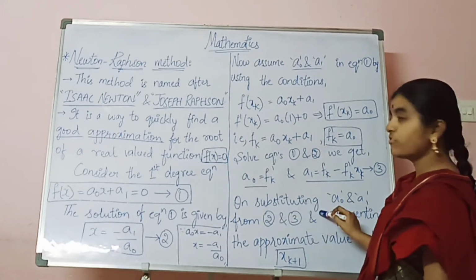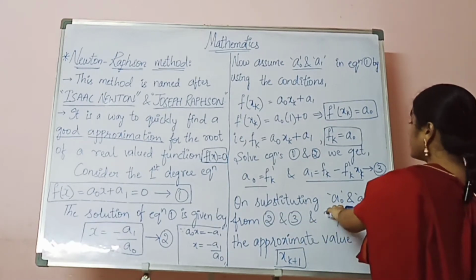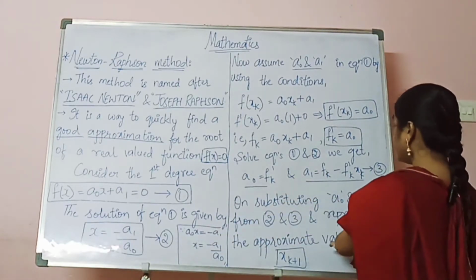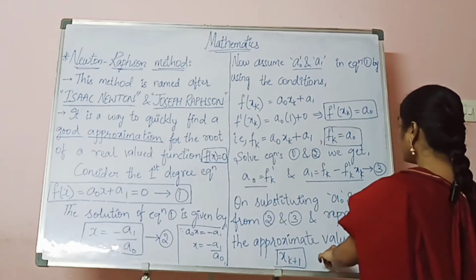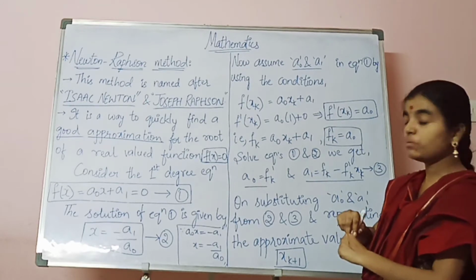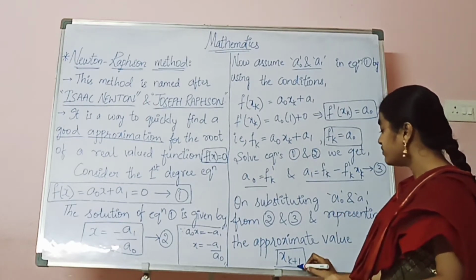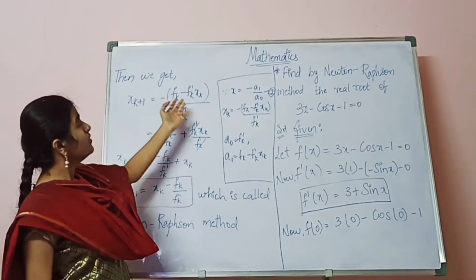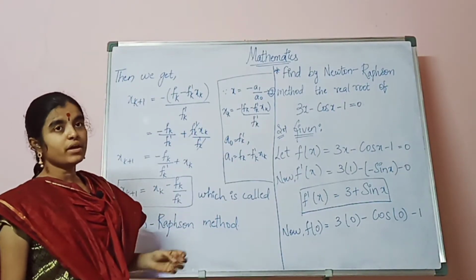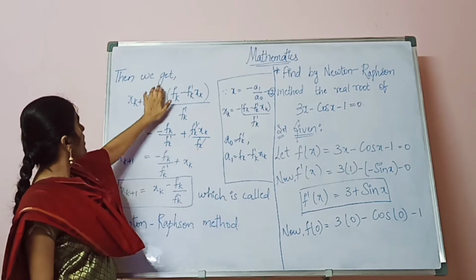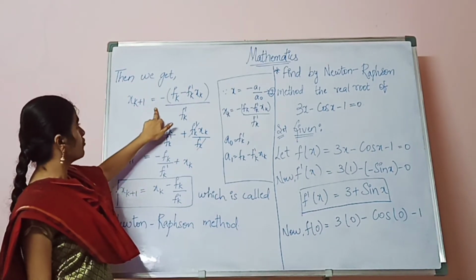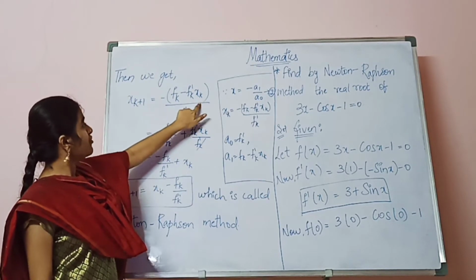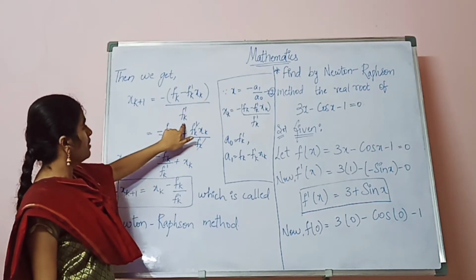Now we substitute a naught and a1 from equation 2 and equation 3, representing one more approximate value. What is the approximate value here? xk plus 1. As I told you, we take the approximate value xk plus 1. Then x equals minus a1 by a naught from equation 2. What is a1 here? It is fk minus f dash k xk, and a naught is fk dash.